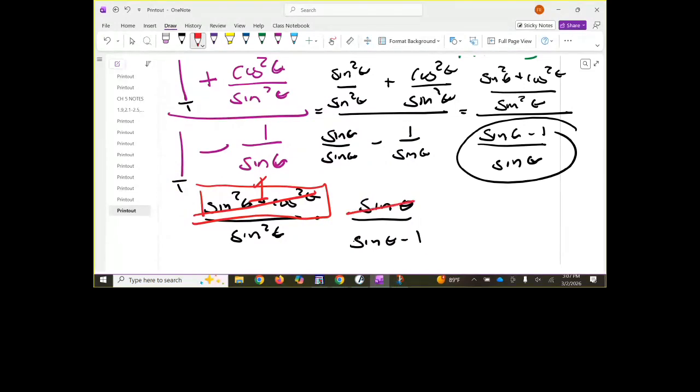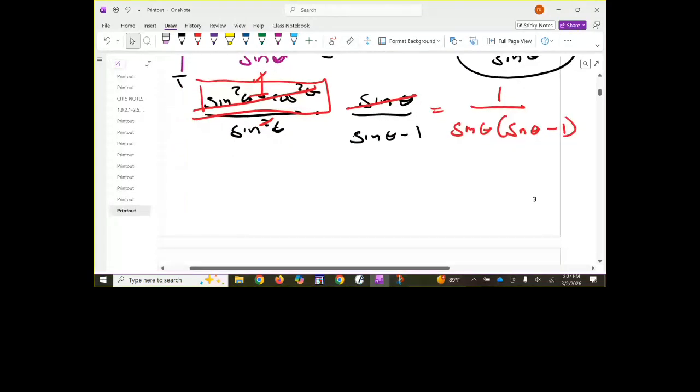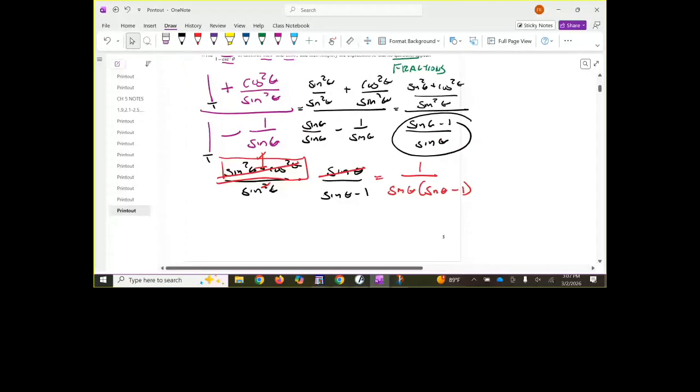We can get rid of this sine theta with one of those, because on the bottom we got a sine squared, on the top we got a sine. So let's see, what else do we have here? We have a 1. Sine theta minus 1. Okay. Let's see. What else can we do here? Trying to see if there's anything else here, y'all, I can do.